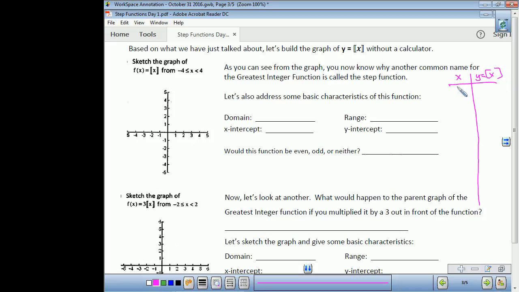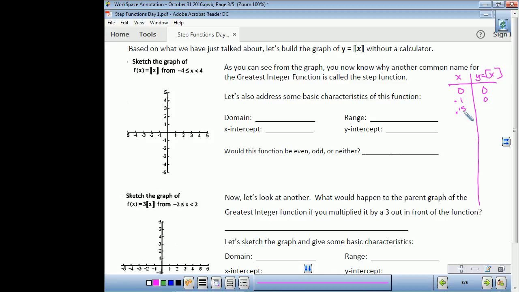So we're going to pick some values for x. 0. 1. That is an integer, so it would give us 0. But what about 0.1? If I plugged in 0.1 and rounded it down, it would be 0.